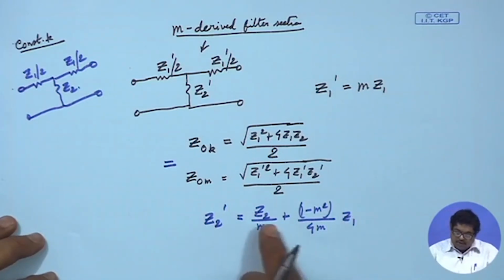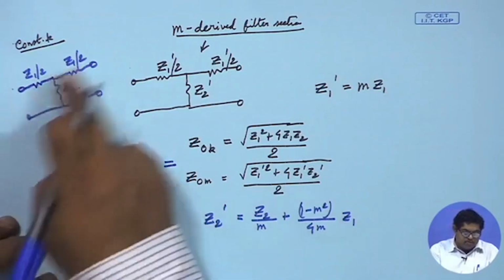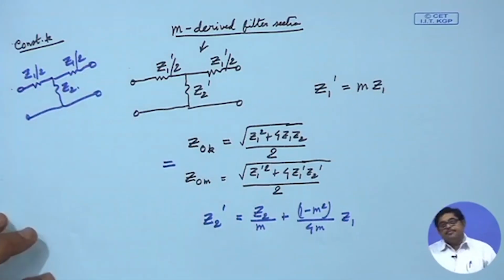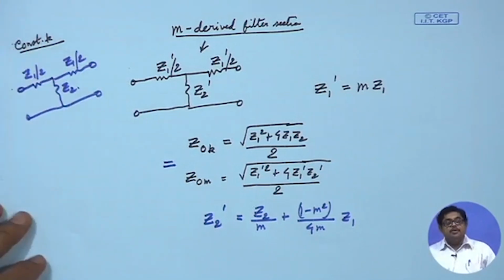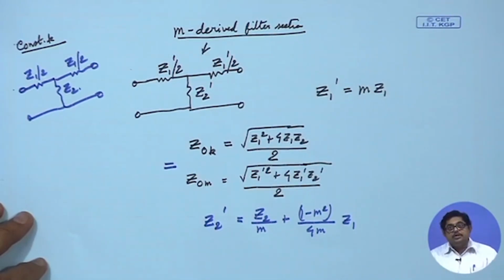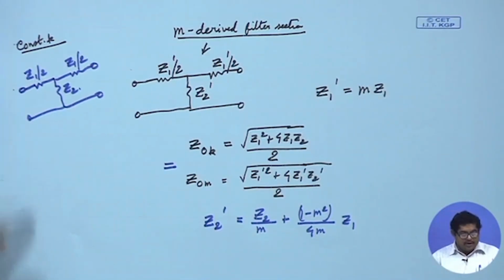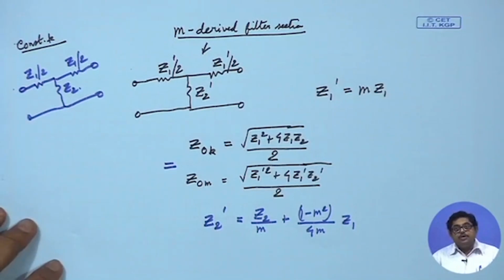If you remember, Z1 and Z2 are the impedances of the series and shunt arms of the constant k section, and to have filter action they should always be of opposite nature.